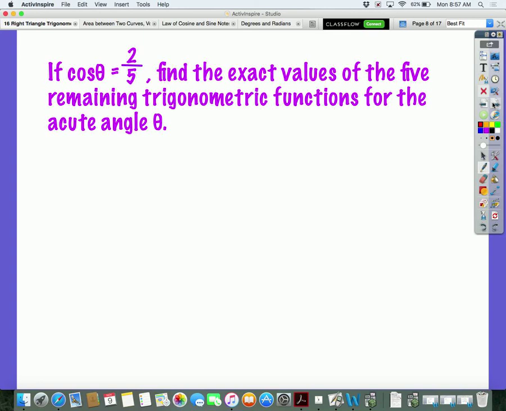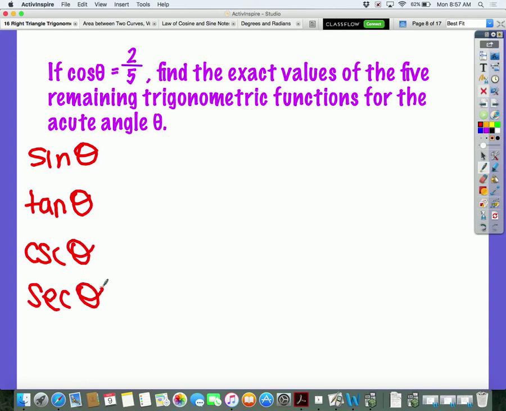What are the 5 remaining? What do they mean by that? Sine, tangent, and then you have your reciprocals. They already give you cosine, so you have to find these. Very good. Say it again, Jalissa, what you said?